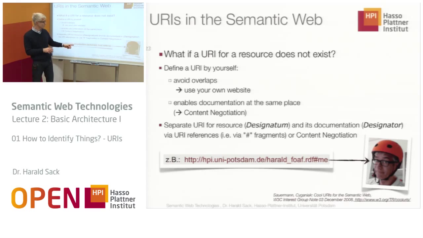So for example, information might be available at the URL that you can see here in the file Harald_FOV_RDF. And within that informational file, there is also a tiny fraction that identifies me, myself, and this is the fragment identifier, a hash, and then me, and this means this is me, and information about me can be accessed in the file that is really transferred as Harald_FOV.RDF. But we will come back to that later on.